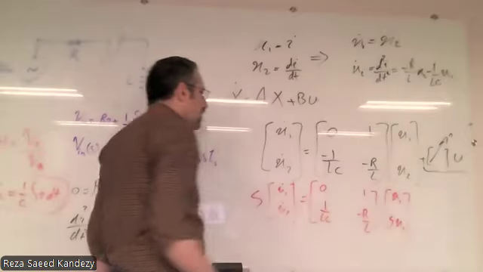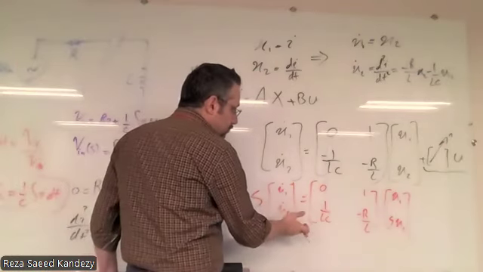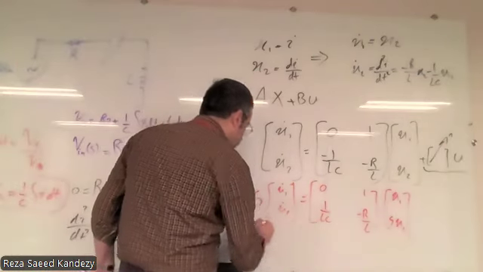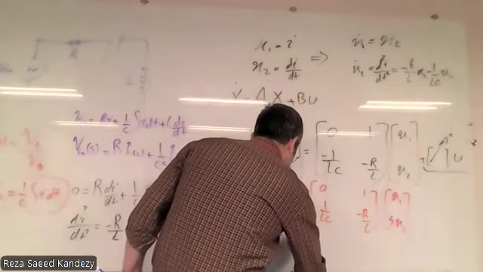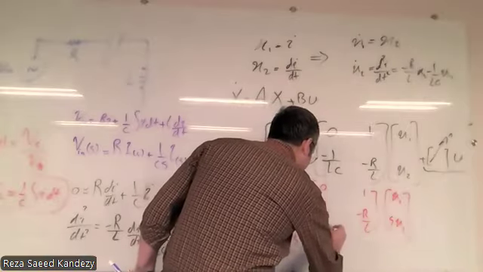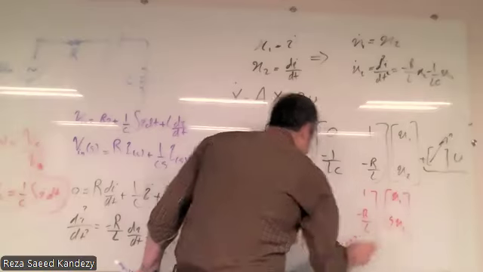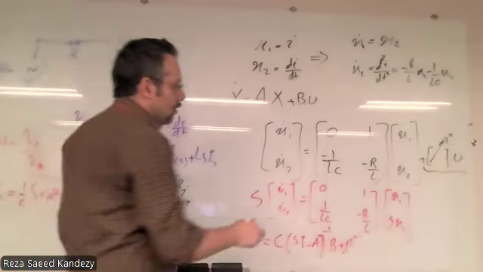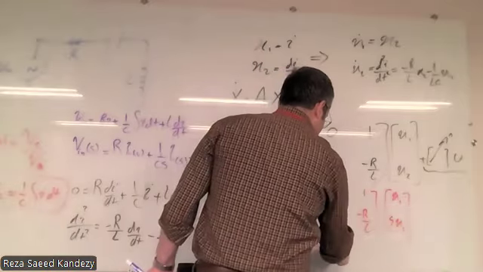Now, when you have that, the transfer function is going to be the output C, SI minus A inverse times B plus D. D is 0, so we don't care about that. Sorry, B is 0.